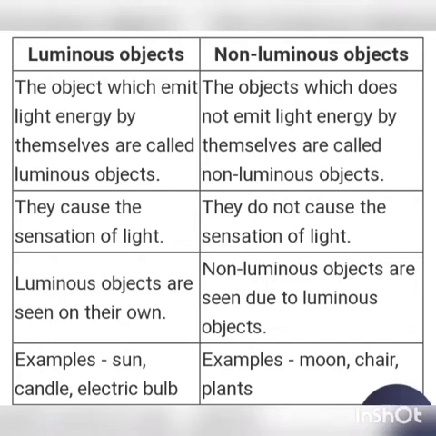So those which emit light energy by themselves, we call them luminous, while those which do not emit light energy by themselves are called non-luminous objects.